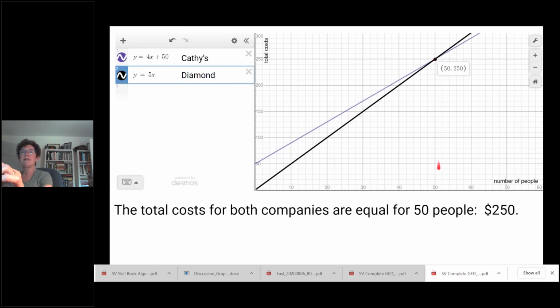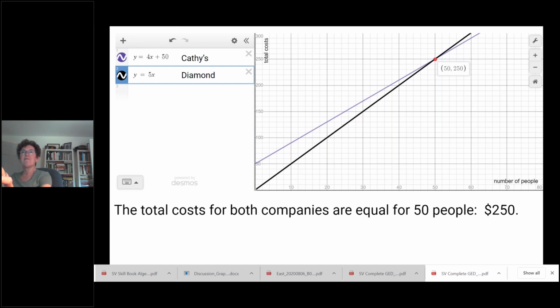So right here, notice this is my x-axis. It's telling me that for 50 people, I will pay $250 if I invite 50 people to my party. So for both companies, for Kathy's and for Diamond Catering, if I invite 50 people, I will pay the exact same amount, $250.